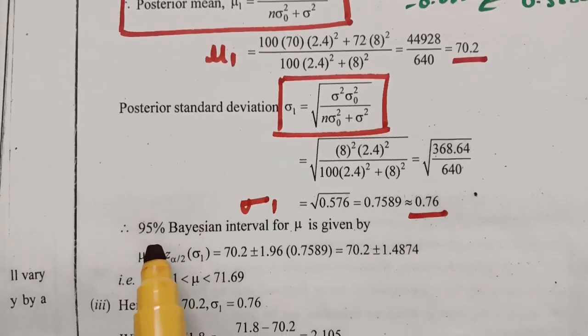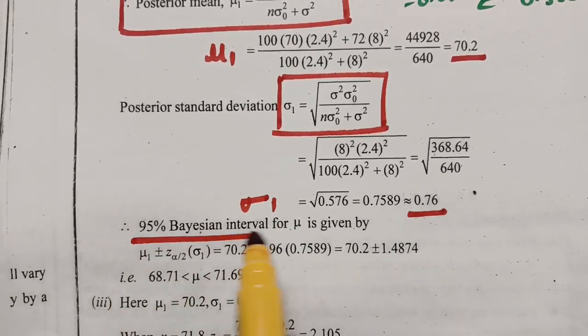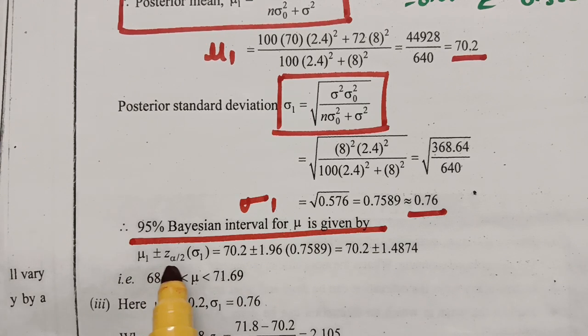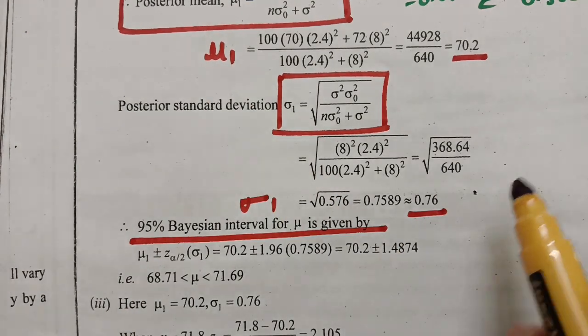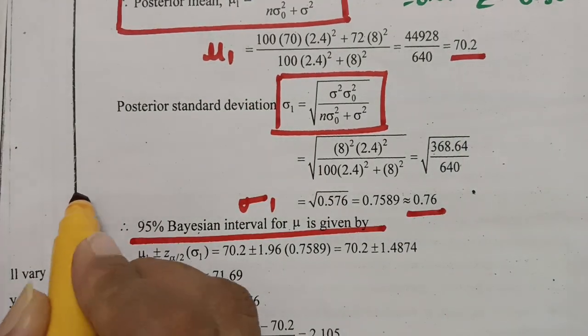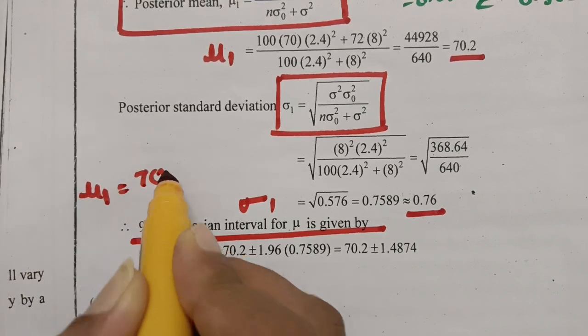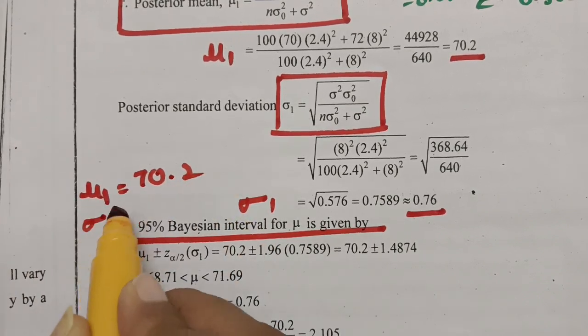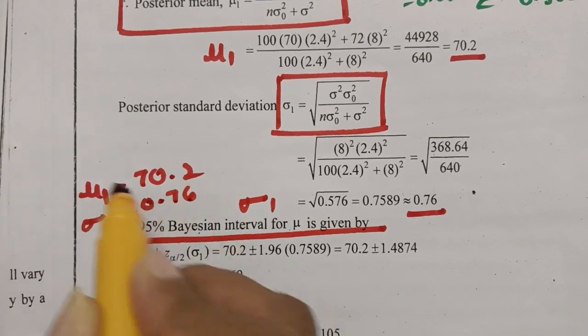So 95% Bayesian interval for mu is given as mu 1 plus or minus z alpha by 2 into sigma 1. So what is mu 1 here? Mu 1 value is 70.2 and sigma 1 value is equal to 0.76.